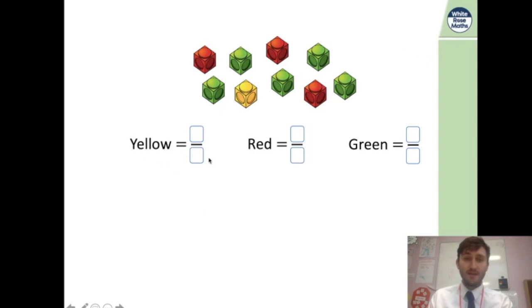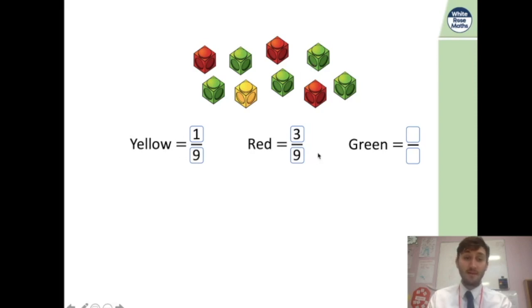I'm going to look at my denominator straight away. My denominator, I just count up however many there are, no matter what colour. 1, 2, 3, 4, 5, 6, 7, 8, 9. And I know that there's 1 yellow, so it's 1 out of 9. Next, the red. Again, I've got 9, and with the red, I've got 1, 2, 3. So the answer would be 3 out of 9.